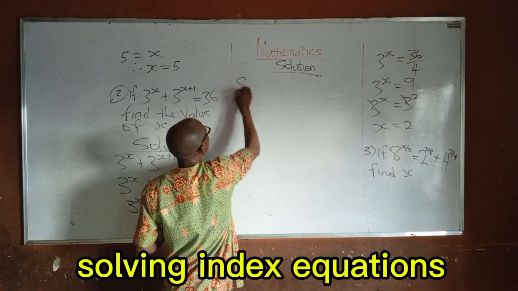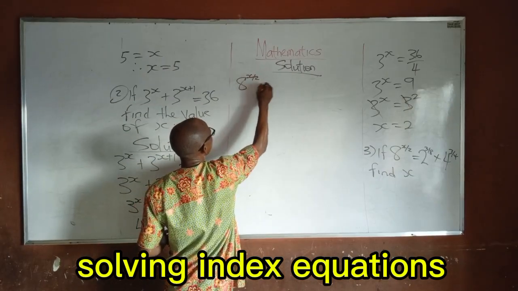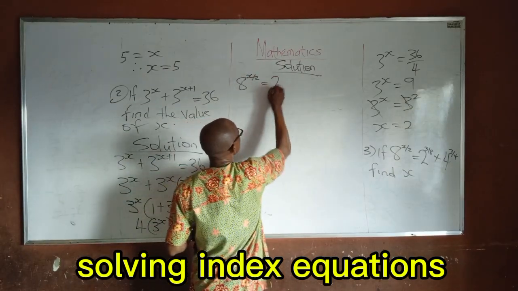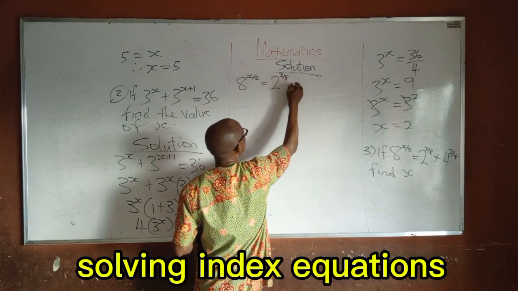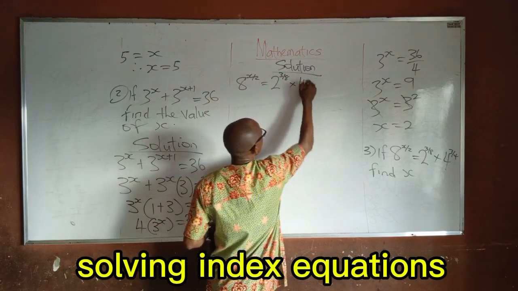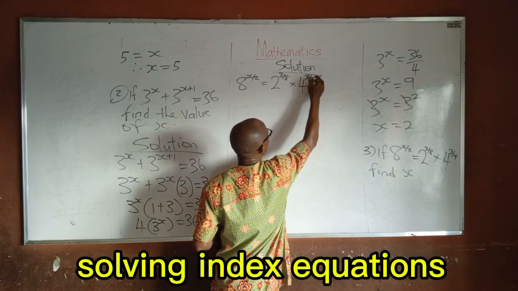Solution. We have 8 raised to power x over 2 is equal to 2 raised to power 3 over 8 times 4 raised to power 3 over 4.